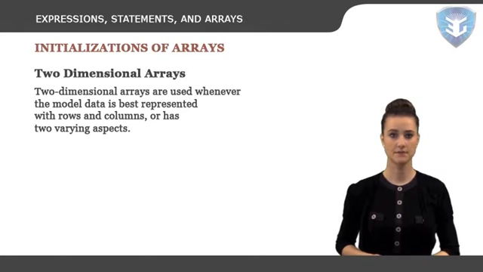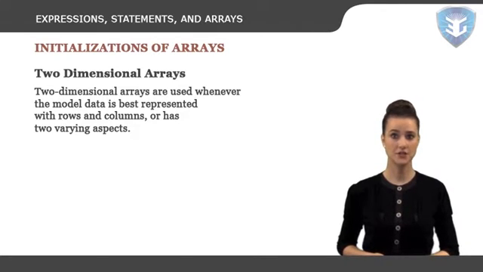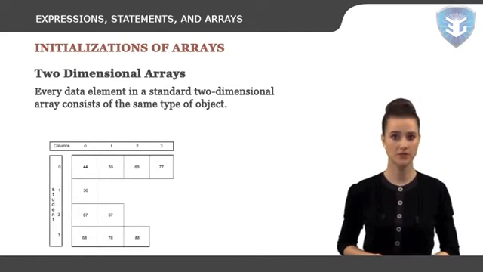Two-dimensional arrays. Two-dimensional arrays are used whenever the model data is best represented with rows and columns, or has two varying aspects. It is also the idea, although not the implementation, of graphics that specifies a 2- or 3-dimensional position with x, y and z coordinates. Every data element in a standard two-dimensional array consists of the same type of object.